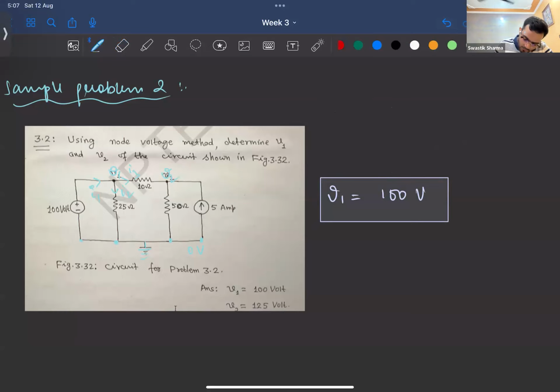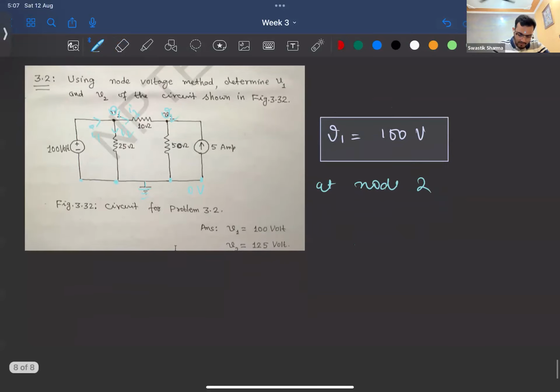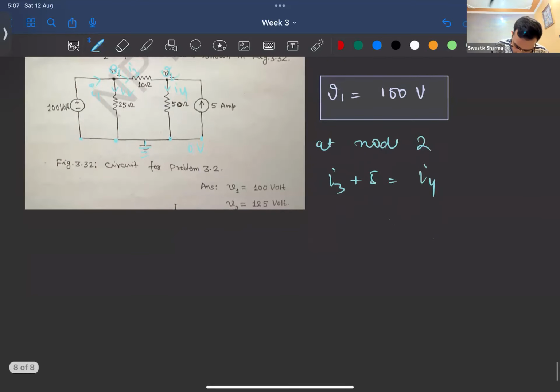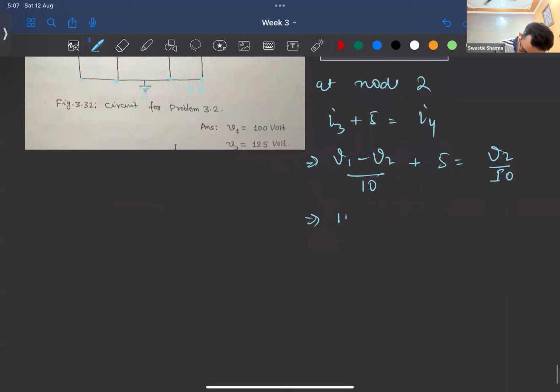So now at node 2, what is it going to be? I3 is coming, 5 ampere is coming, and I4 is moving out. So this is how we'll write, which is nothing but V1 minus V2 by 10 plus 5 equals V2 by 50. V1 is 100.